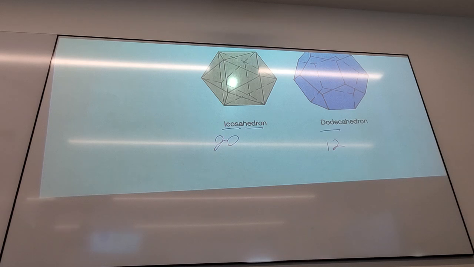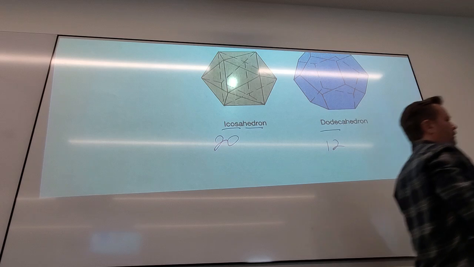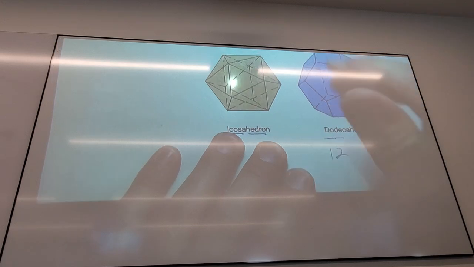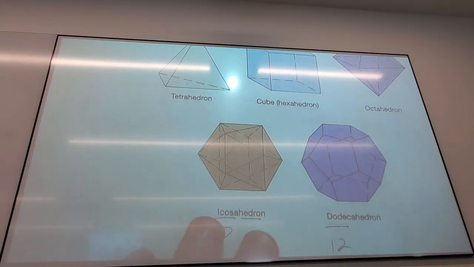You could have a non-regular dodecahedron made up of other things. Dodeca means 12-sided, but if I make a dodecahedron out of regular pentagons, I get a Platonic solid.